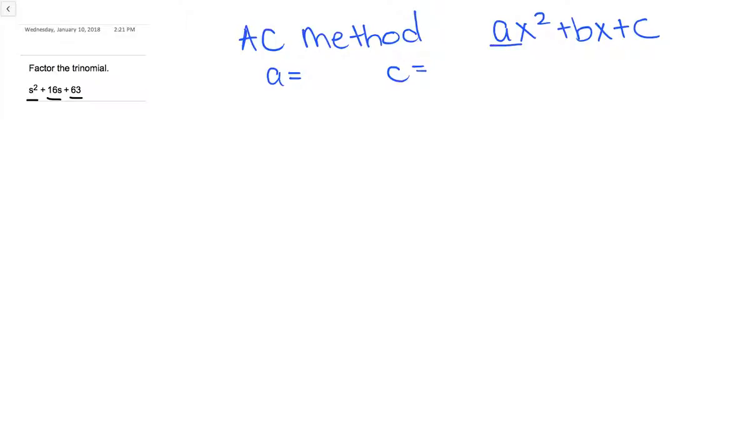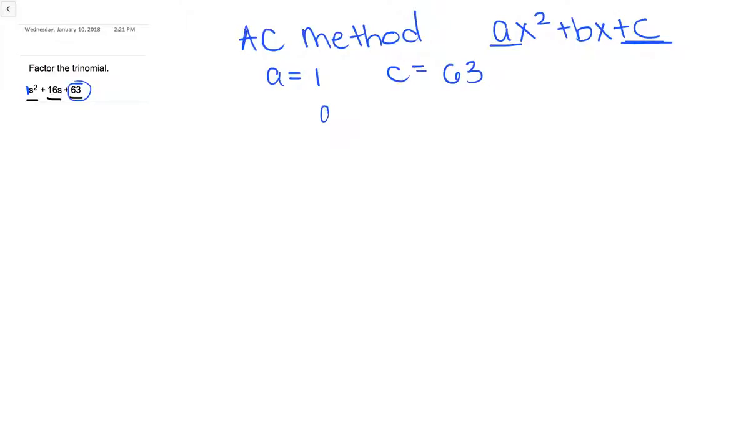The A is the number in front of the x squared term, or in this case, the s squared term. So we really have an imaginary 1 here. So our A is 1, and then our C is the constant term, or the term without a variable next to it. So that would be the 63.